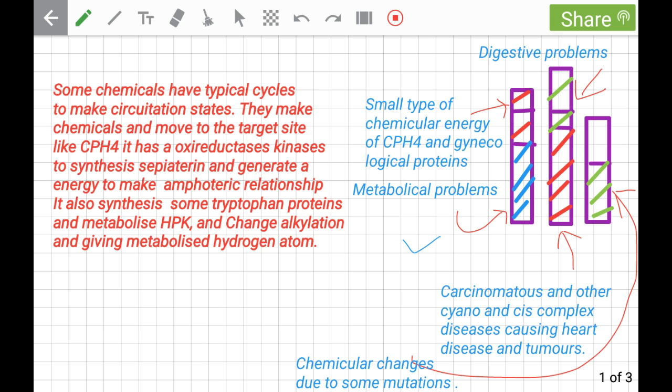Because of it, the main cyano and cis complex react with each other and form a complex, with typical cycles of reactions and reactants. In trauma patients, this disease is not spelled in the body and does not cause any type of disease like carcinomatous and other types of proteins.